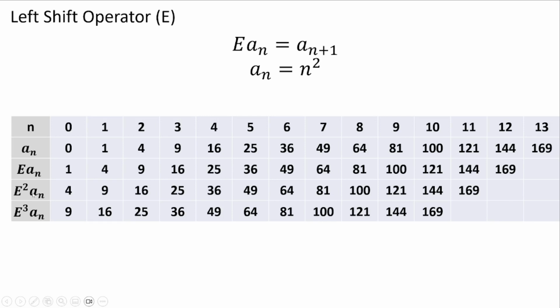If we introduce E squared multiplied by a_n, it will be E multiplied by E of a_n, which is E of a_(n+1), and that equals a_(n+2), which means we get not the next output, but the one after it, shifting each of those series by 2, and so on. We'll see that these operators work like this.